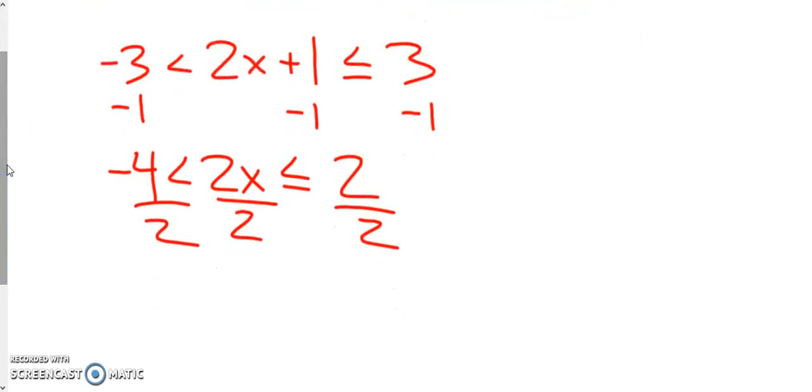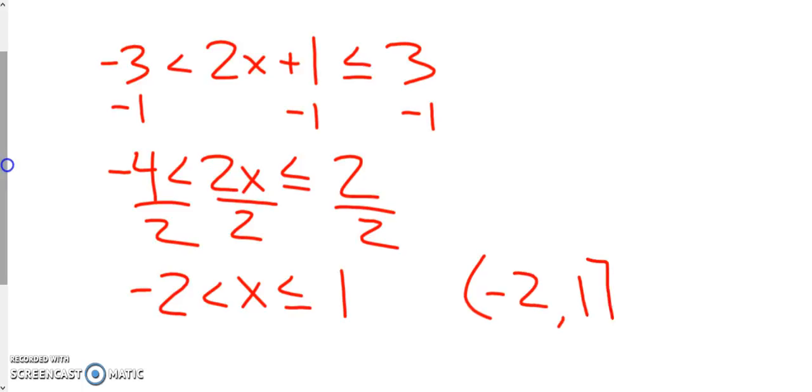So that would give me negative 2 is less than x is less than or equal to 1. How would I write that as my final answer? Indeed.